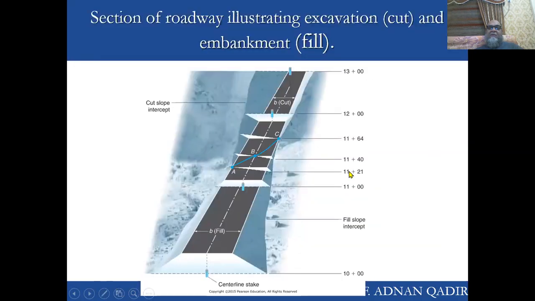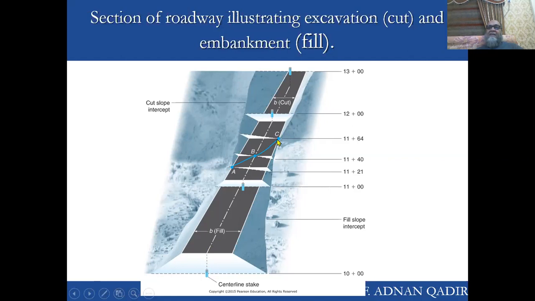But if I go further, you can see that this road level is below this ground level. So you can imagine this is a section where you are going through an underpass, just approaching the underpass. At this point you have approached the underpass and now you are in the underpass.